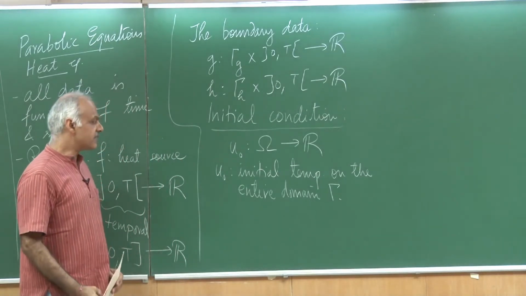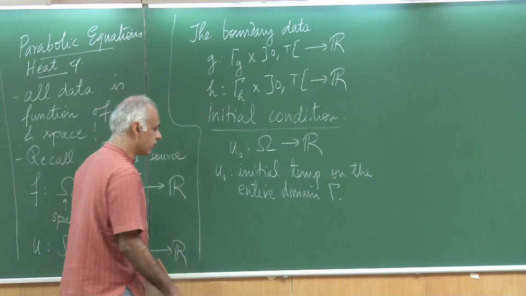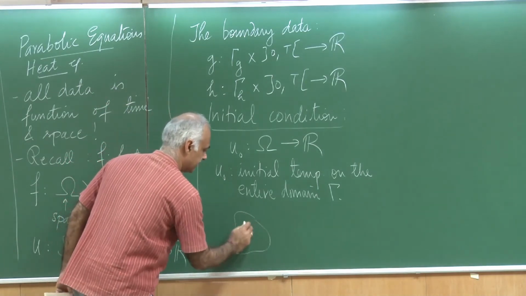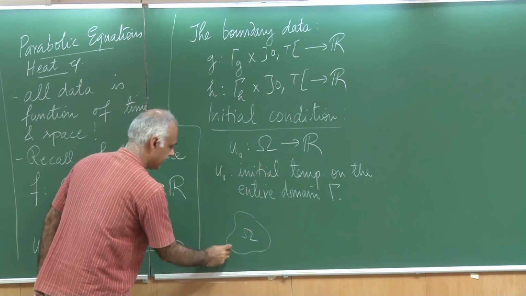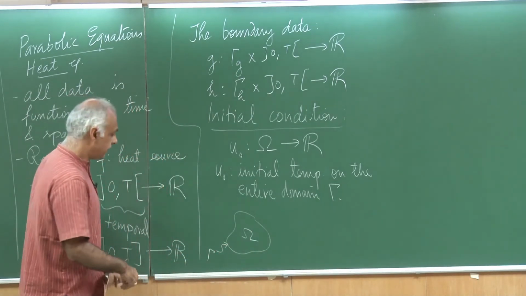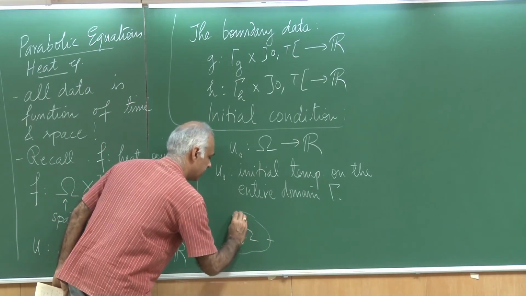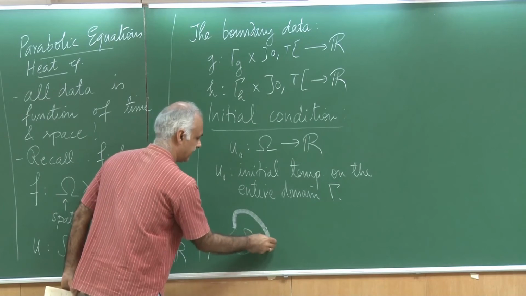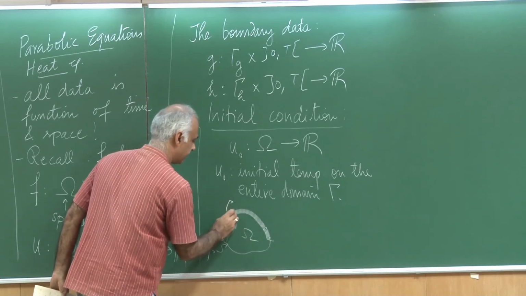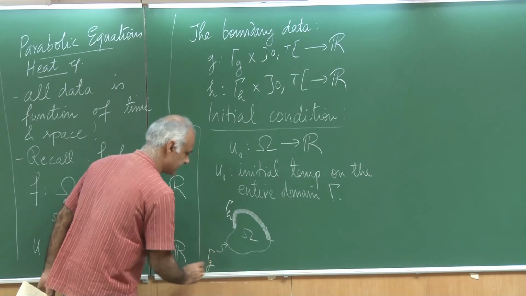In fact, now there is going to be something interesting. So, if I look at a domain omega, let us say this is my domain omega and this is my boundary gamma. The boundary gamma is split into two parts. So, I could call this part gamma h, and the remaining part, let me call this gamma g.